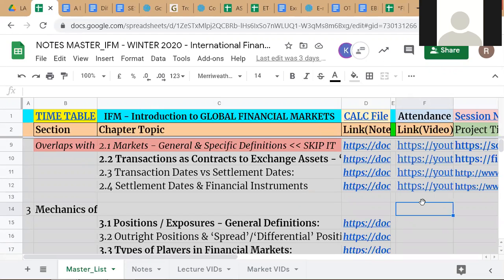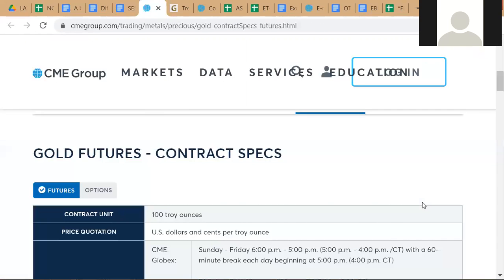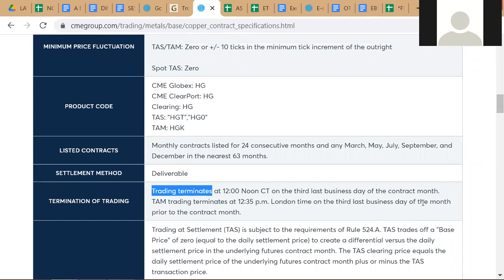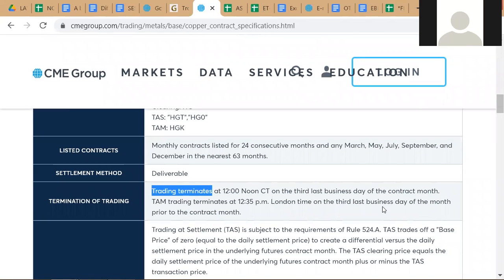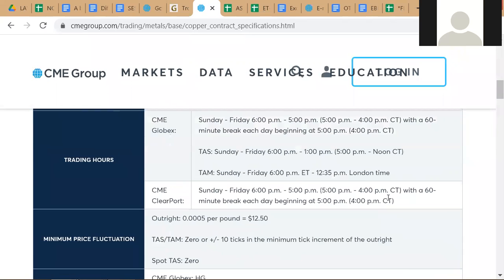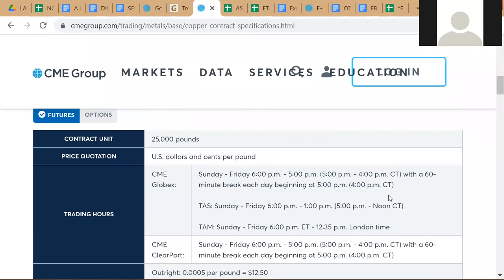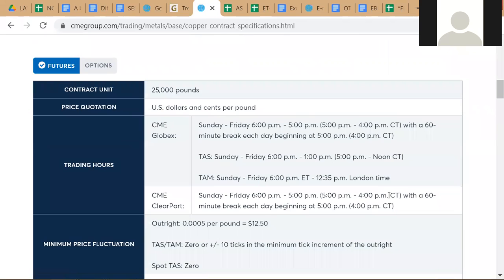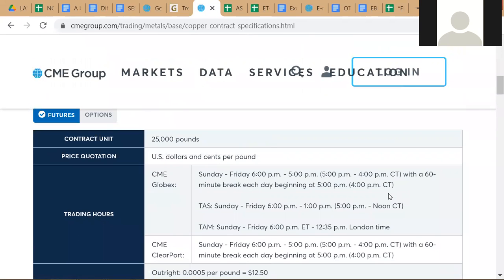What is it? Yes, sir. Sir, like in the copper trading, we have deliverable. If I am short selling, if I am selling first, then how is the deliverable going to work? Yeah. So in this case, as a seller, you have two options.